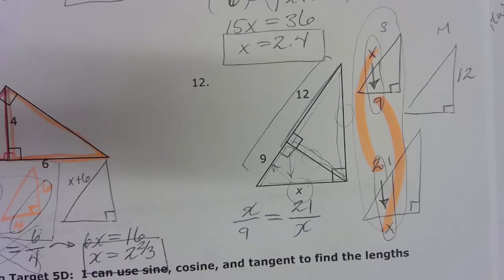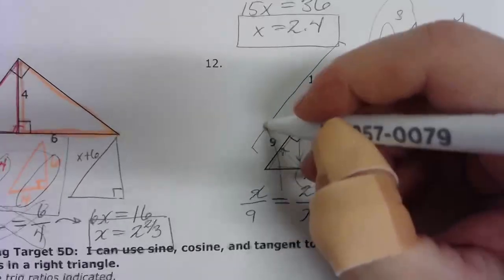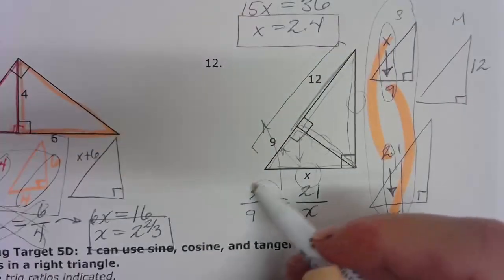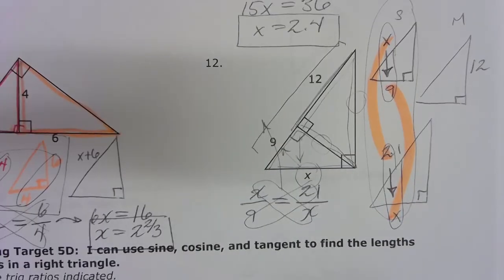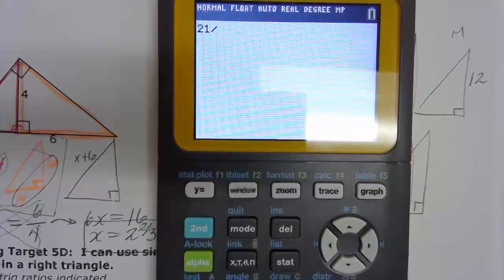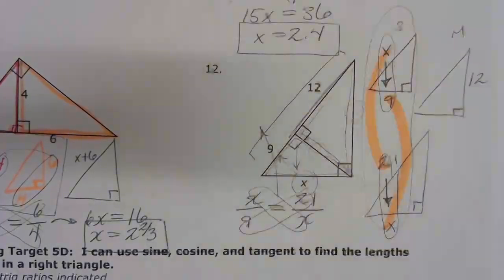And so to solve this problem, I've doomed myself. I've run out of room. But I'm going to come up here to finish it off. If you cross multiply here, we get something really cool. 21 times 9 is 189, I believe. Let's see if I'm right. I don't trust myself. Okay, nice, 189.